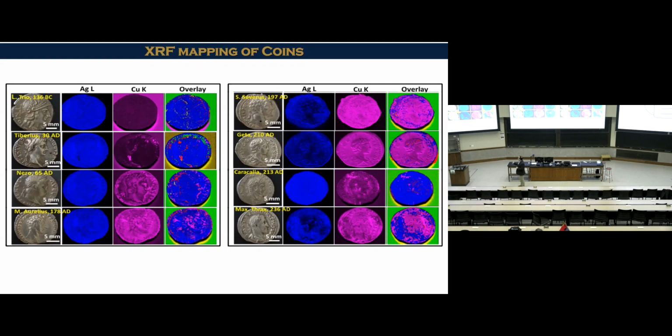And over time, if we go forward, 30 AD, 65 AD, this is Emperor Nero, and then Aurelius, you could see that the silver concentration is slightly decreasing, and you can notice that the purple intensity of copper X-rays becomes more pronounced, and then you can see this nice color of copper here. But if you move even further, now copper becomes dominant, so you have a lot more copper than silver. So this is also proving that they incorporated copper into the coins.